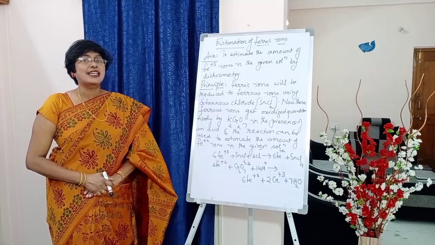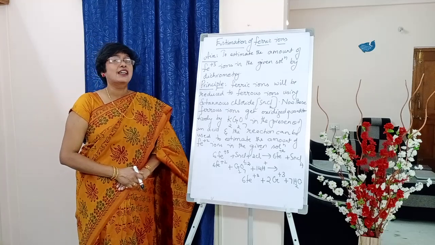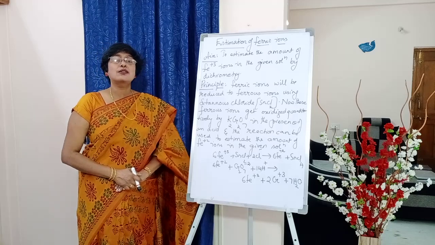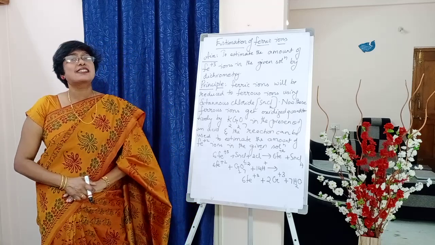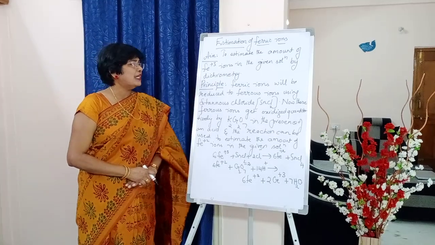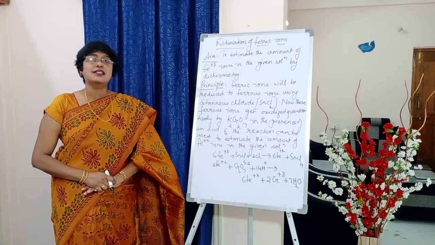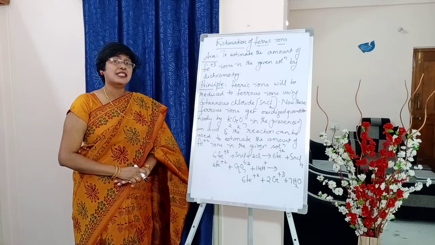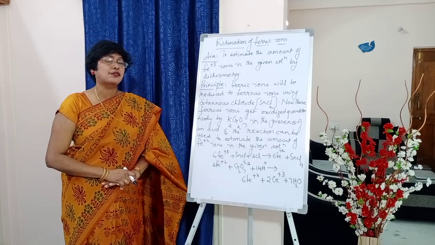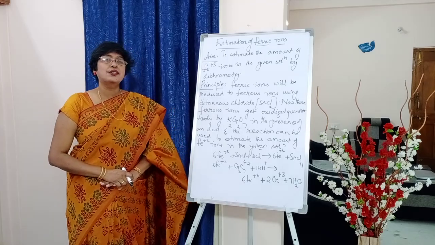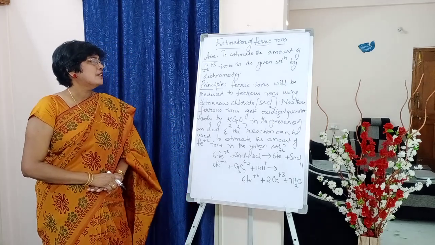For this reduction we need a reagent called stannous chloride, whose chemical formula is SnCl2. So ferric ions will be reduced to ferrous ions, Fe+3 to Fe+2, students, using stannous chloride. Full stop.